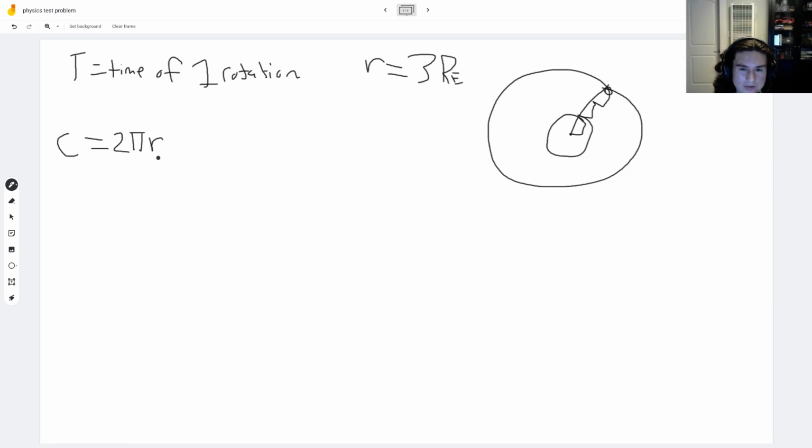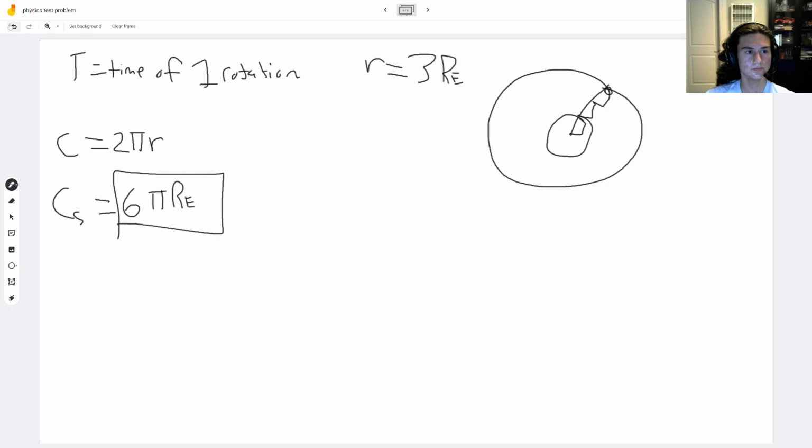So now instead of putting r, we can just sub that in. So the circumference of the satellite's path is equal to, I'm going to move the 3 to the front, so 2 times 3 is 6 pi, and then that's multiplied by the radius of the Earth. So this is the total distance it travels. It doesn't give units in the problem, so I'll just say units.